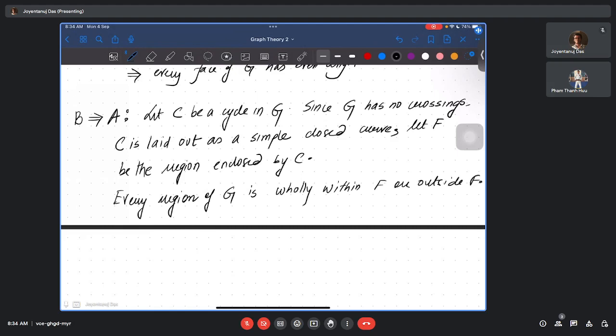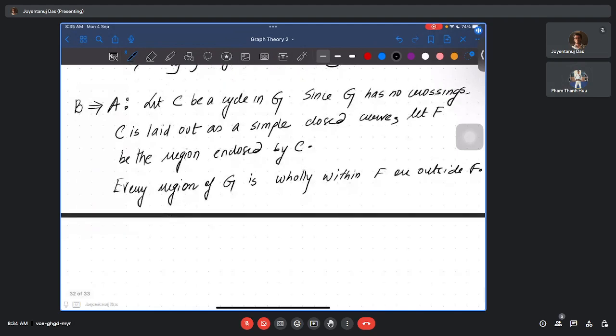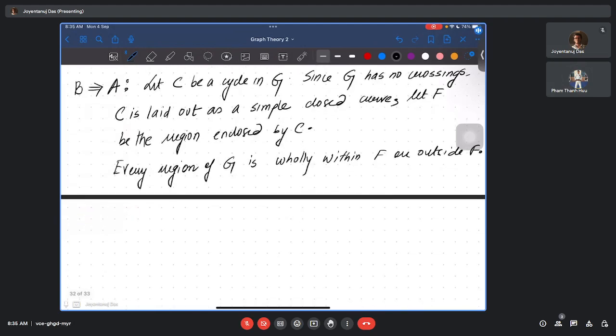Because there is no crossing, a region is either inside F or outside F, where F is the region laid out by the cycle C, right?